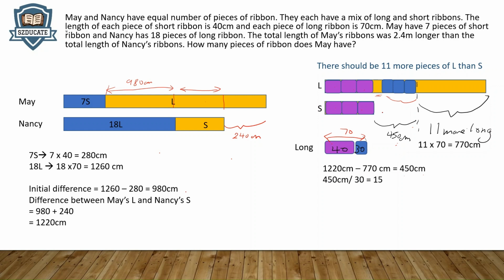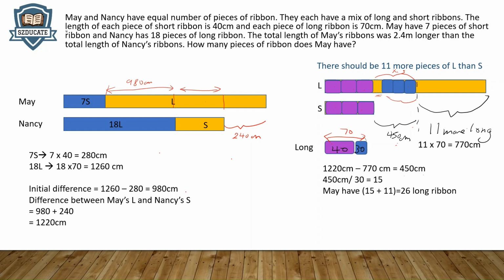And this part, 450, is entirely made up of this blue color difference. Okay, 30. So I just divide by 30 to find out how many of them are exactly here. And as expected, it's more than 3, so it's 15. That means I can expect 15 of this blue color section here.